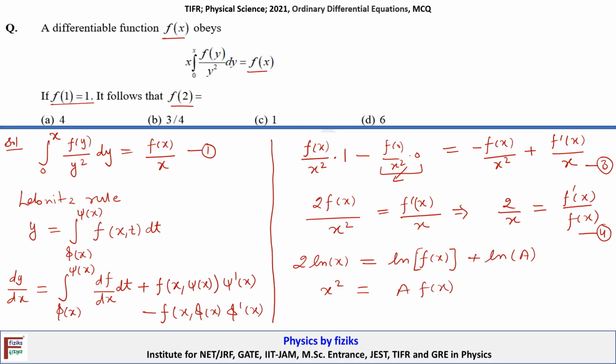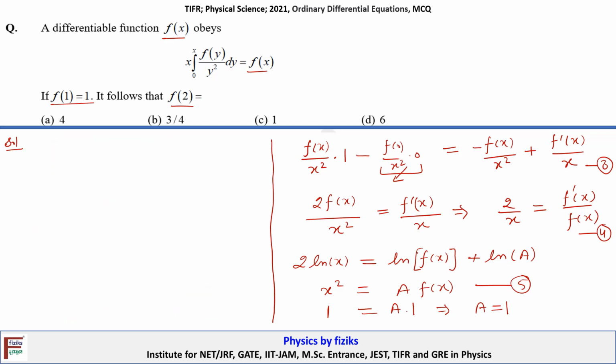Now to obtain the value of this arbitrary constant a, we use the given condition that f at 1 is 1. Therefore x is equal to 1, and a times the function becomes 1, and from here we obtain that a is equal to 1. Then our function can be written as f(x) equal to x square.